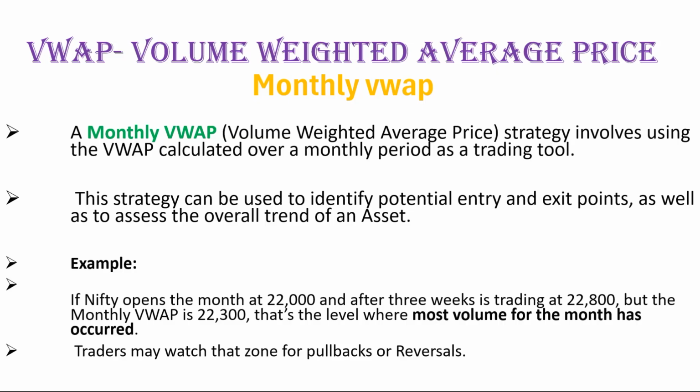Okay, so that's the level where most volume of the month has occurred. So the traders may watch that zone for pullbacks or reversals. That monthly VWAP will be acting as support, and the traders will wait for the price to come to that level in order to enter into the trade, either using it for pullbacks or for reversals.